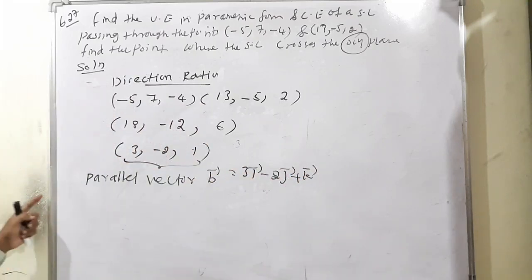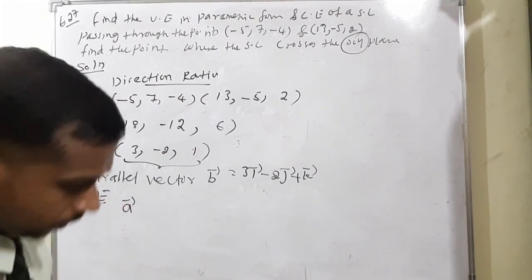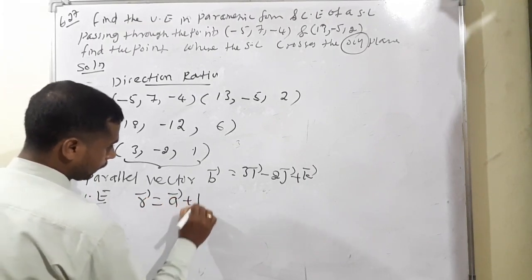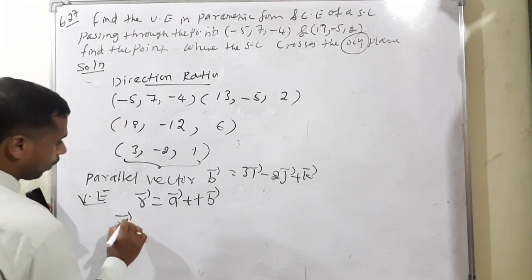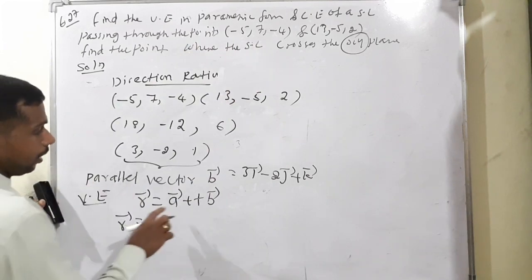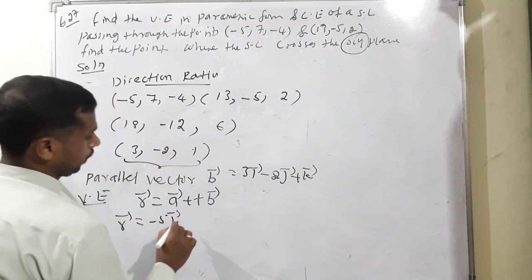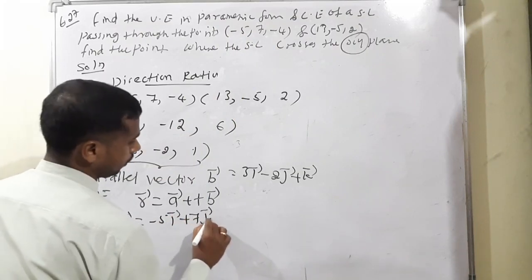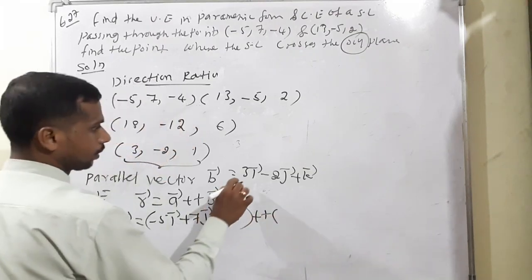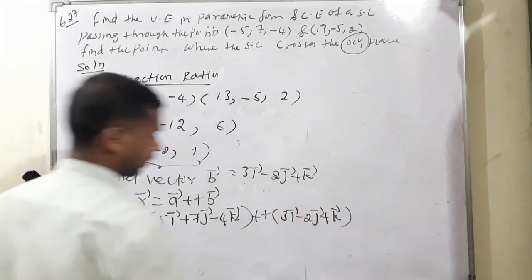So now first I am moving to the vector equation. Vector equation means formula: r vector is equal to a vector plus t b vector. Therefore r vector is equal to a vector, meaning the two points are there. Okay, we can write it in two different ways. The first one, the first point: -5i + 7j - 4k, plus t into b vector, that is 3i - 2j + k.